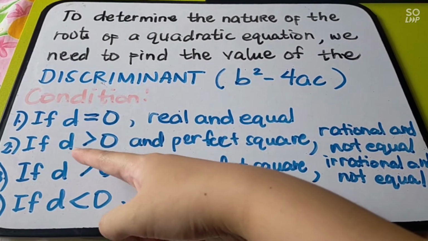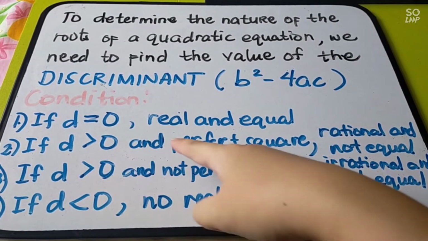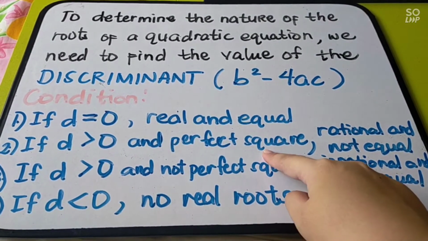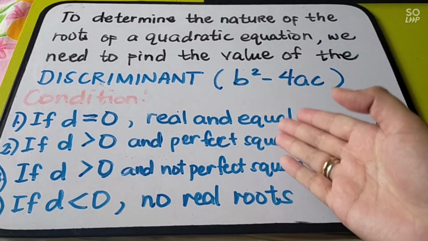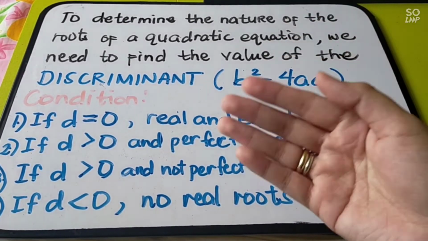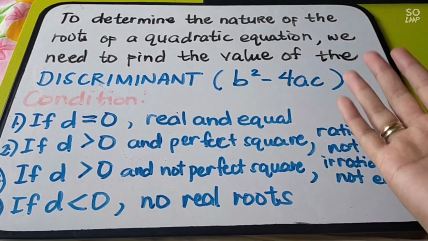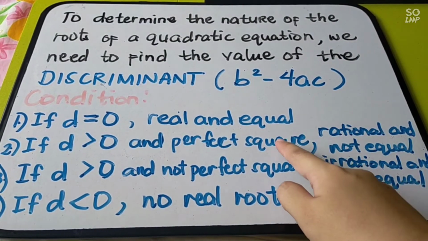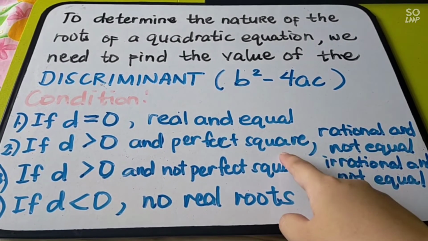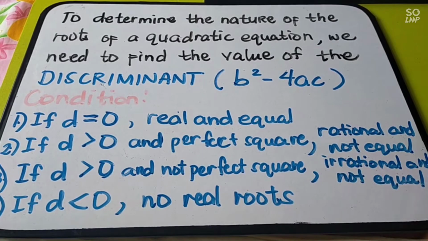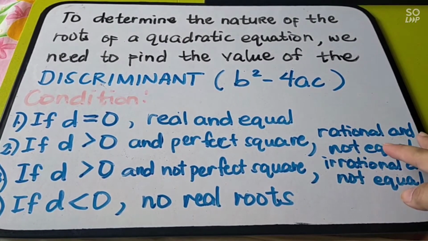Next, if D is greater than 0 and a perfect square, when you say perfect square, ang makukuha mo is 1, 4, 9, 16, 25, 36, and so on and so forth. Ang makukuha mo raw na nature of the roots is rational and not equal. Right?